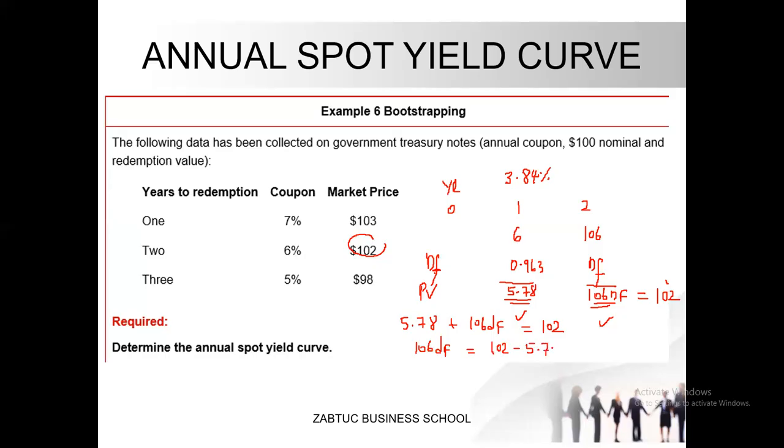Where is the 5.78 coming from? It is this one here. So let's go, give me the answer now. You subtract, and you get 96.22.